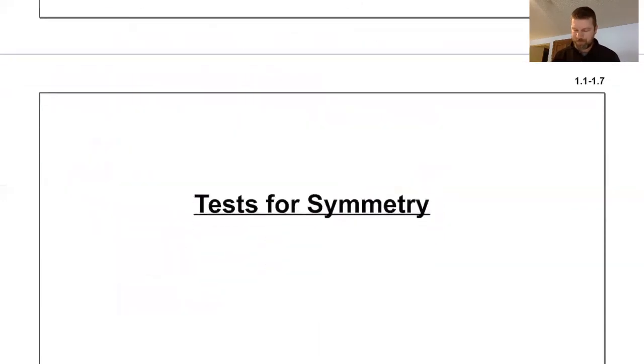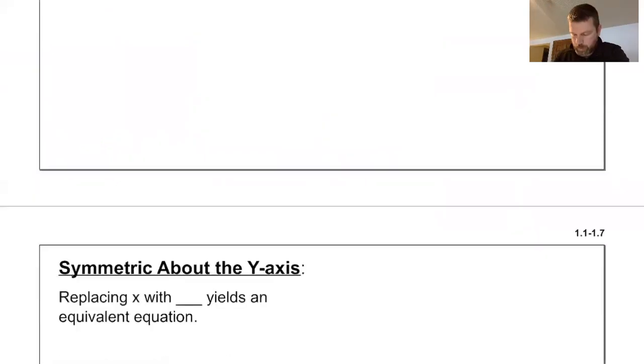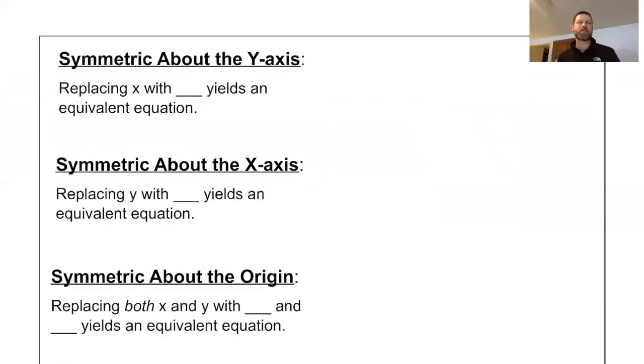All right. Tests for symmetry, we are almost done with this first video. All right. Symmetric about the y-axis. Many of you guys might have just memorized something last year probably about replacing x with -x, and if you end up with the same equivalent equation, you're symmetric about the y-axis. Real quick example, you might have seen something like this.